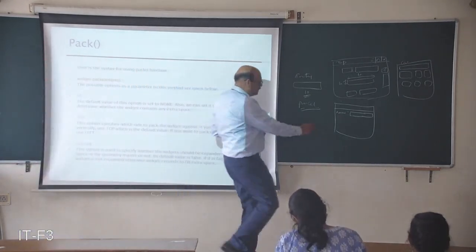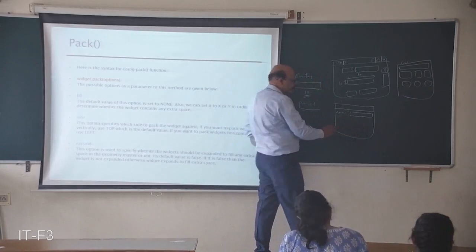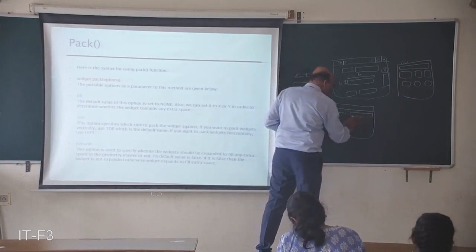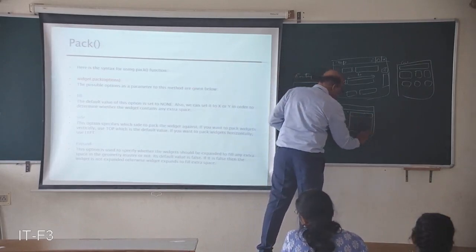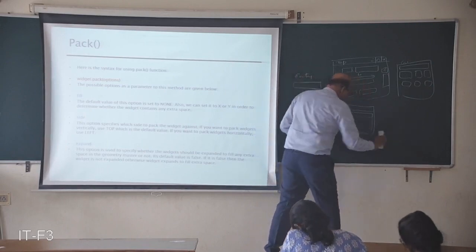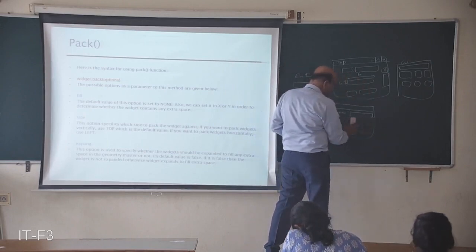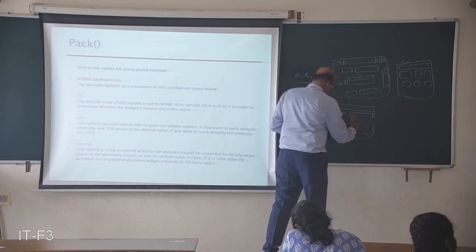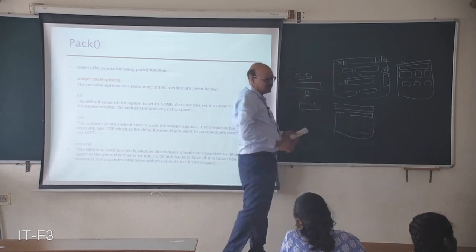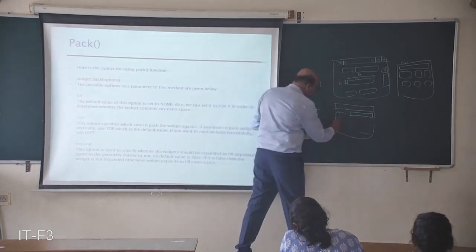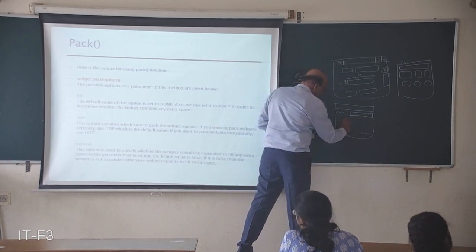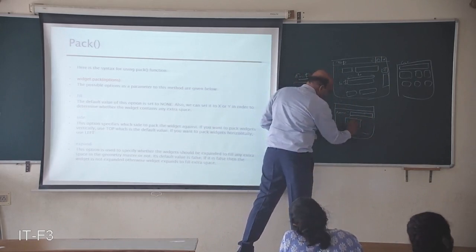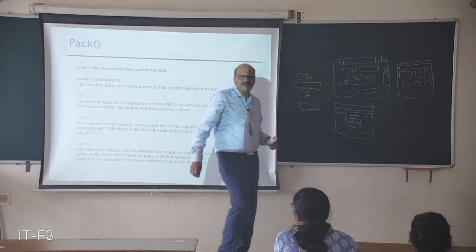Same thing, if this entire space is free, it would be grabbed. Generally, because an entry is only one line, it only grows horizontally. Suppose I create a button, click me, some button like this.